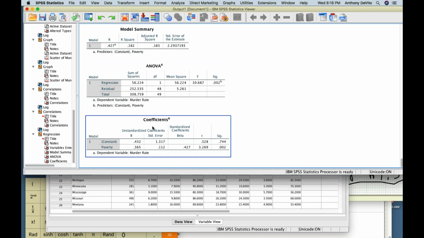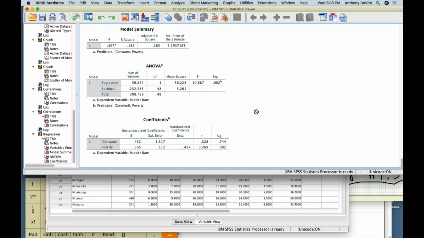Well, you might want this because if you have a formula that can predict how poverty rate impacts the murder rate, then you could say to yourself, well, gee, if I reduce the poverty rate by this much, perhaps the impact will be to reduce the murder rate by this much as well, right? Why is that important?